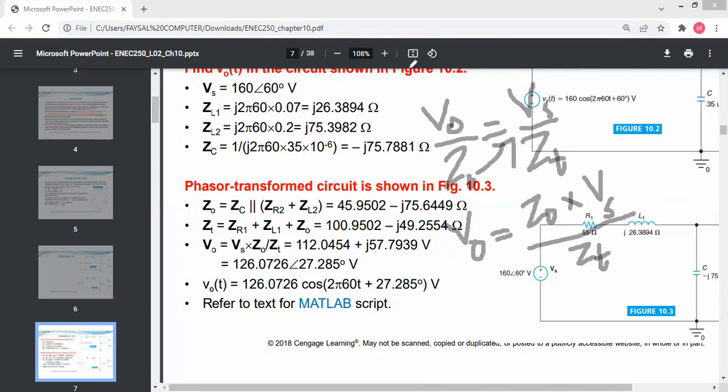So then I have to put the value of Z naught, Vs, and Zt to find the value of V naught. So V naught value will be equal to this one. That it will be 160. I have to write that 126 after the calculation.